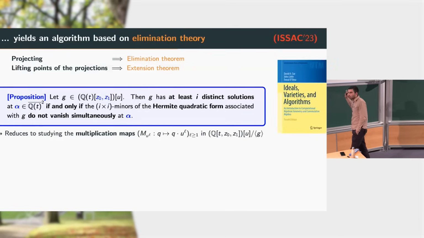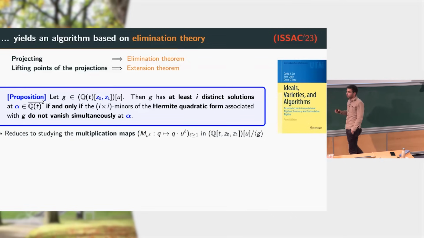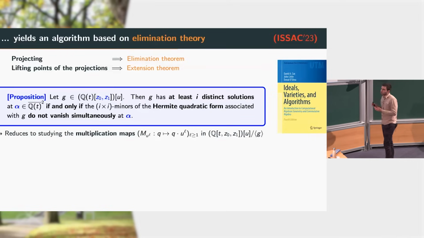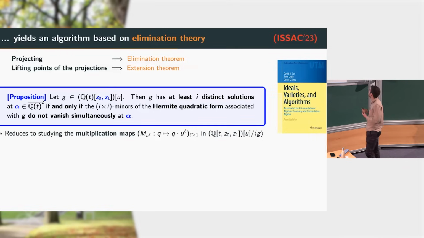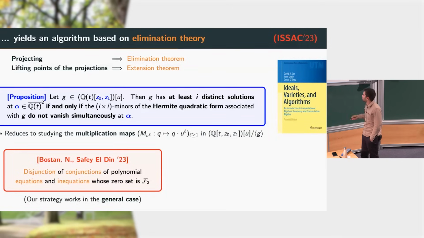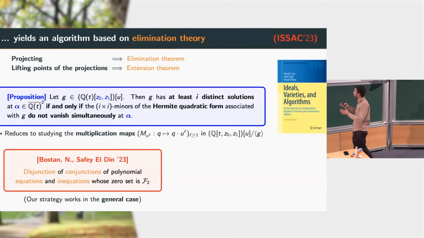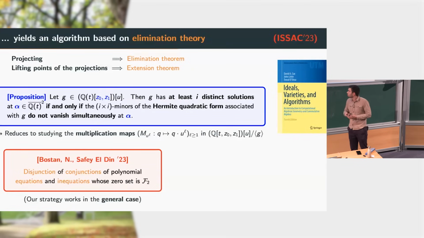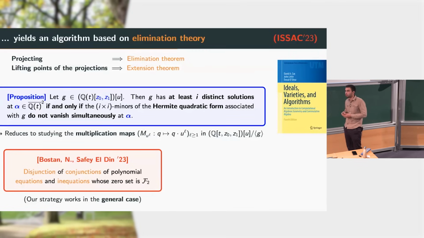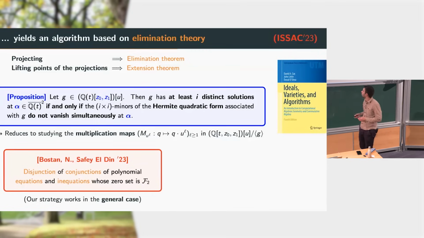These are very elementary results from this very nice book that you might know, a reference in effective algebraic geometry called Ideals, Varieties, and Algorithms. As I told you, we could derive from it a general description, and so a general algorithm. Here I presented the case of order 2, but it works in the general case.